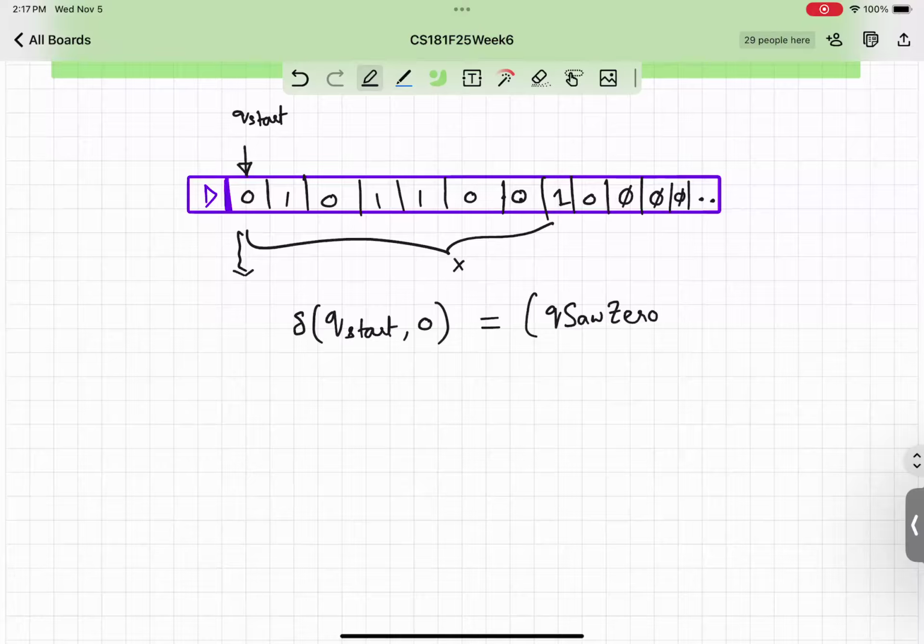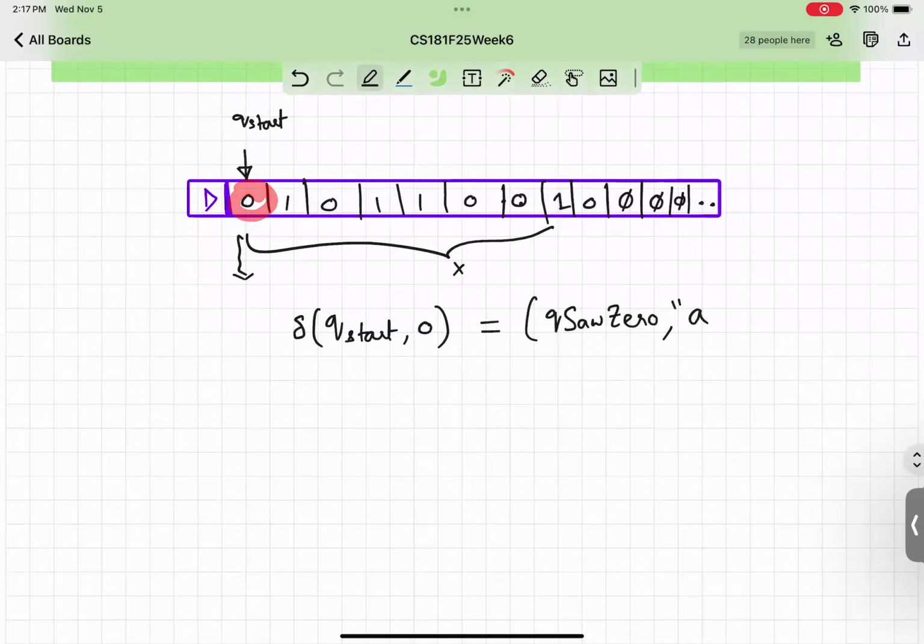So I saw a 0, so I'm just going to jump to a state which is called 'I saw a 0', so you have to go look for a 0 next. I'm going to replace this one with a marked symbol, so I'll call it an A. And then I'm going to move one step to the right.